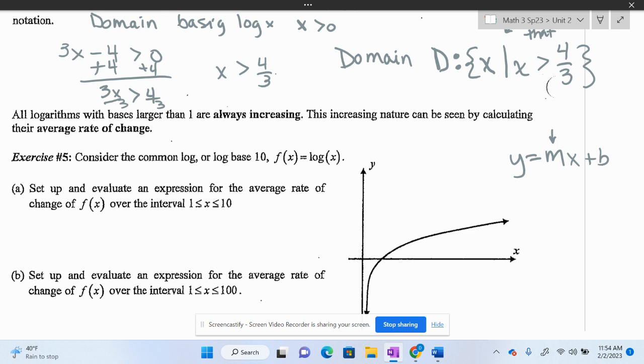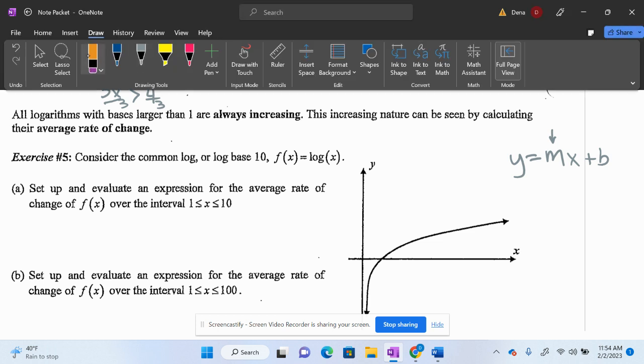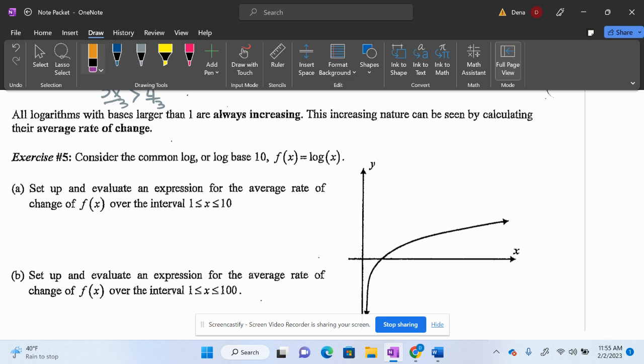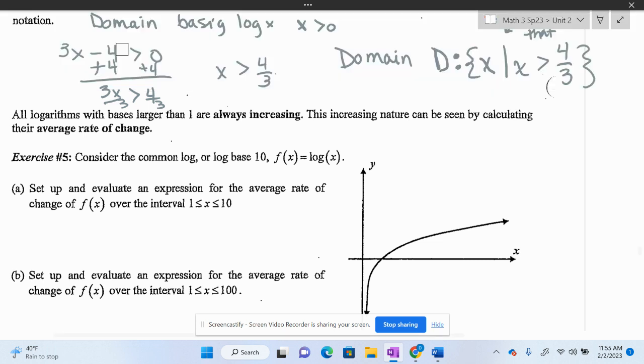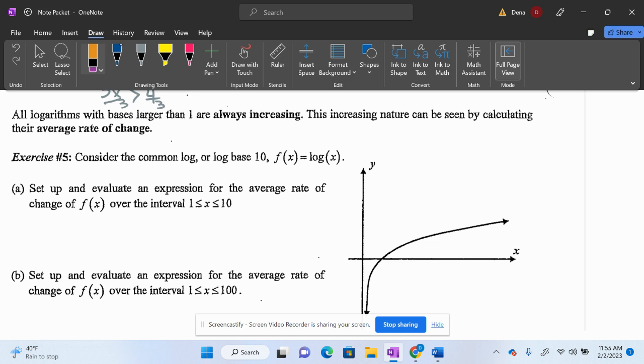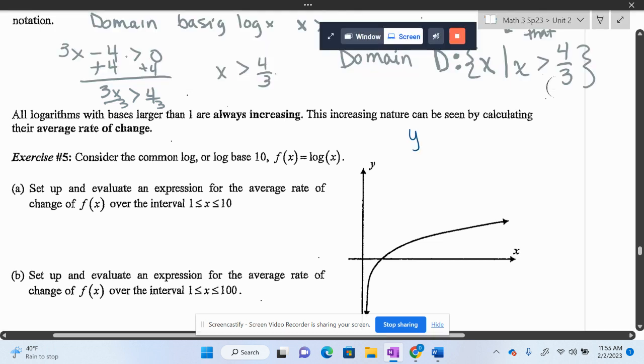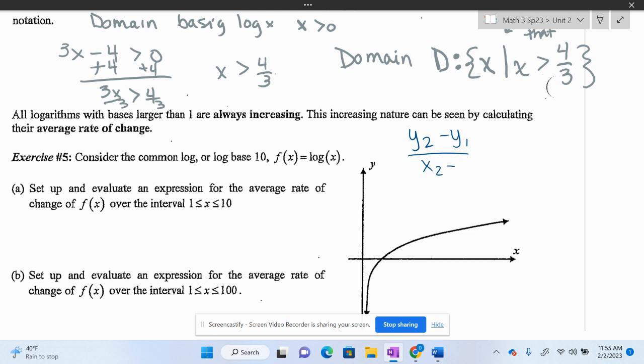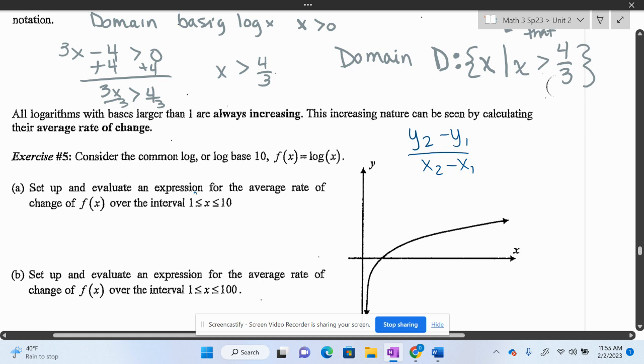We called it slope. Rate of change and slope are the exact same thing. So when you see rate of change, don't get distraught and think, what the heck is that? Rate of change is slope. So we're just trying to find the slope between 2 points: y2 minus y1 over x2 minus x1. It tells us what 2 points we're using.